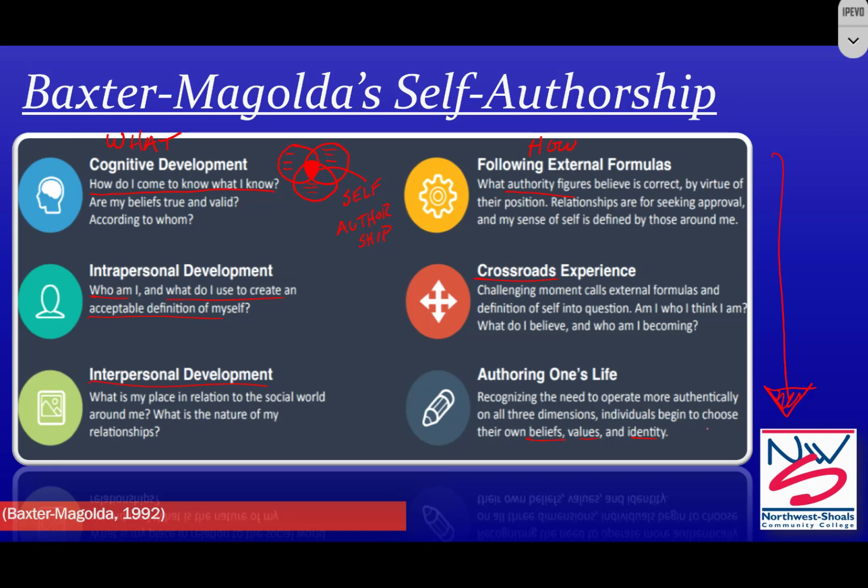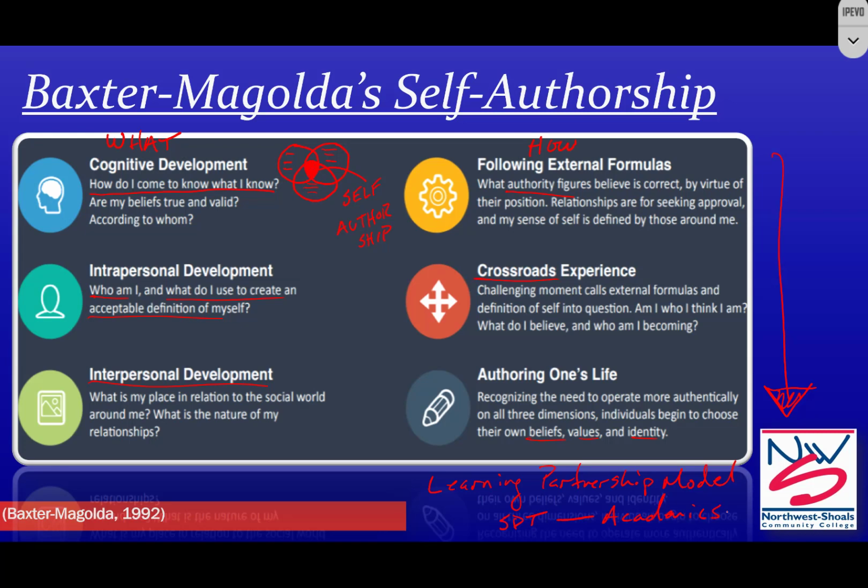And from self-authorship, Marcia Baxter Magolda and a few of her colleagues developed what is called the learning partnership model. The learning partnership model is probably the best example of the alignment of student development theory with academics that we have seen to date.